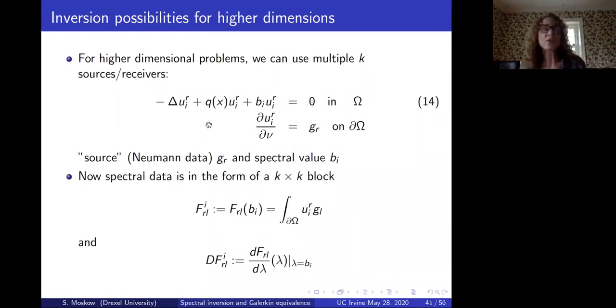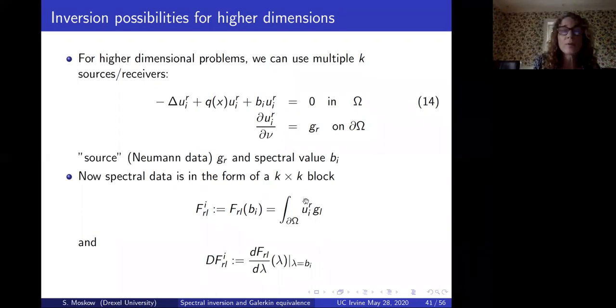So now, instead of the spectral data being just a scalar valued transfer function, it's a K by K block transfer function, where the block nature corresponds to source and receiver. So in F sub I, R, L, the I corresponds to the spectral value B sub I, and the R and L correspond to source and receiver.